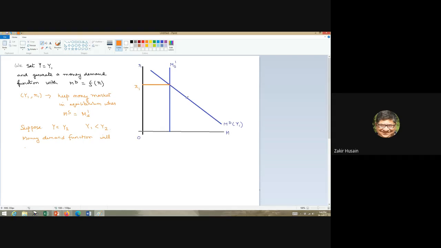You're drawing the money demand function not for y1 but for y2, where y2 is higher than y1.